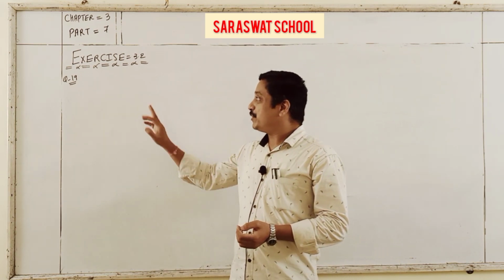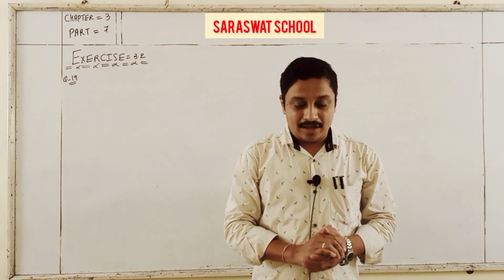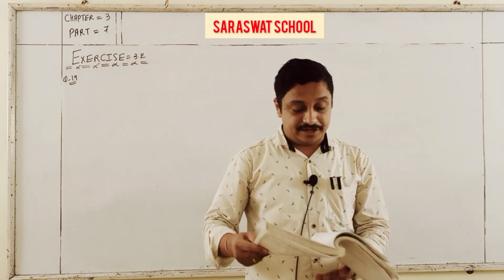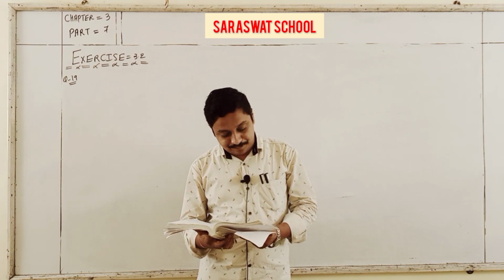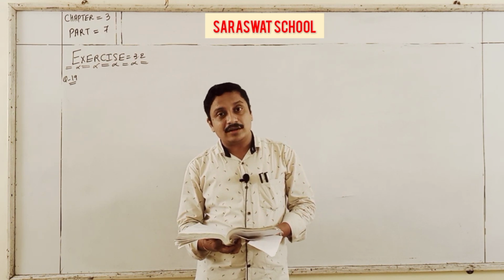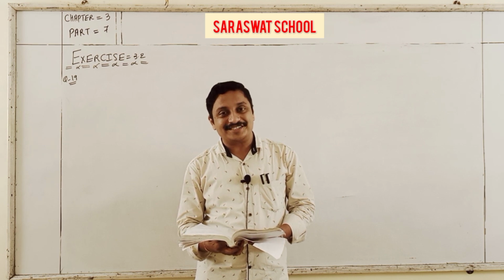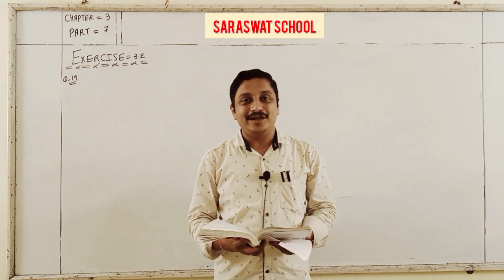So in Exercise 3.2, question 19, it is given that a trust fund of 30,000 is invested in two different types of bond. The first bond gives 5% annual interest and the second bond gives 7% annual interest.